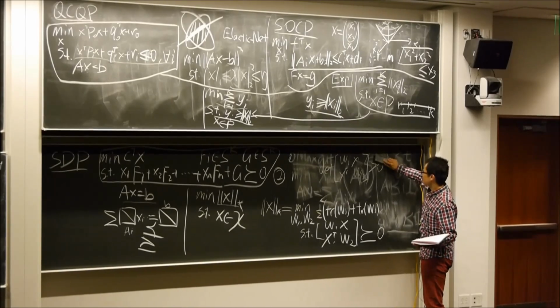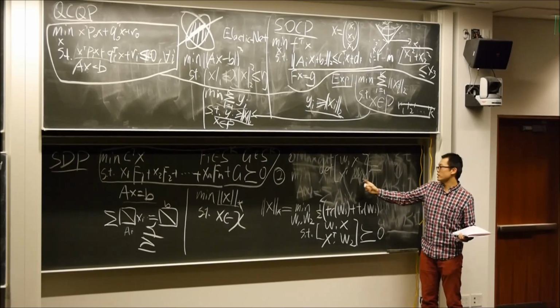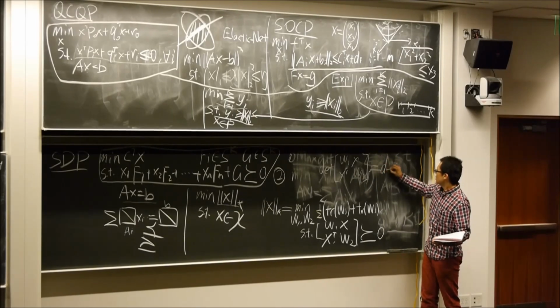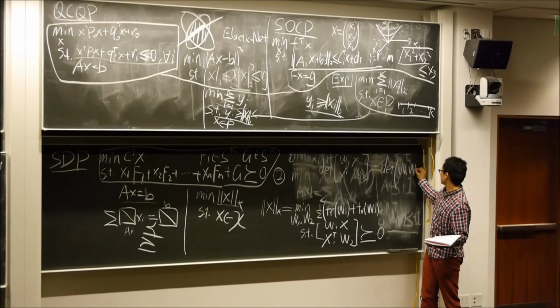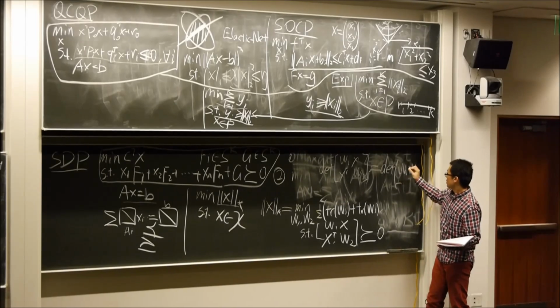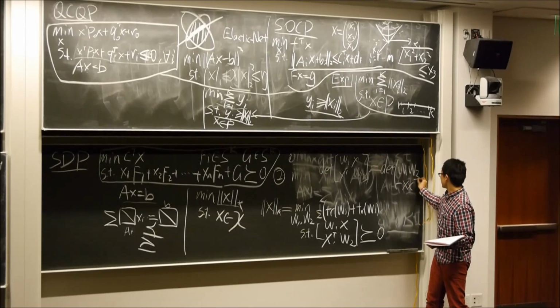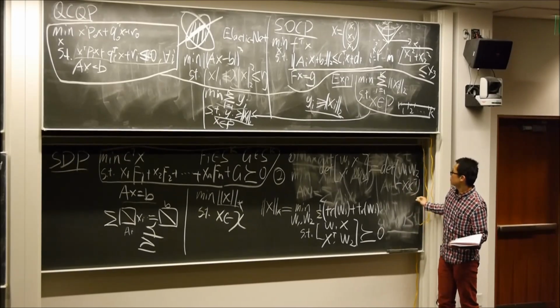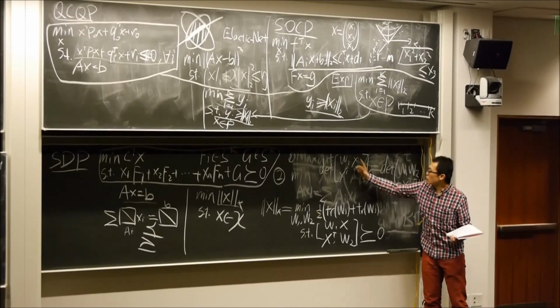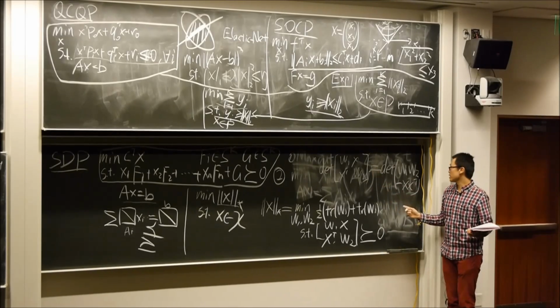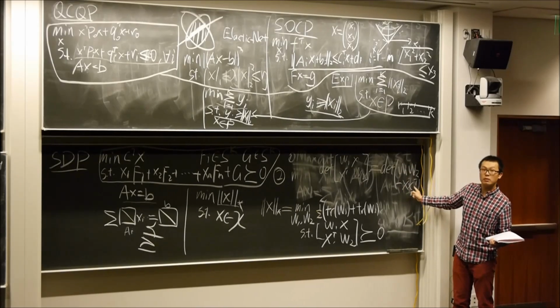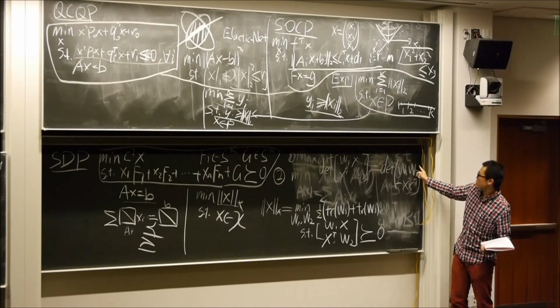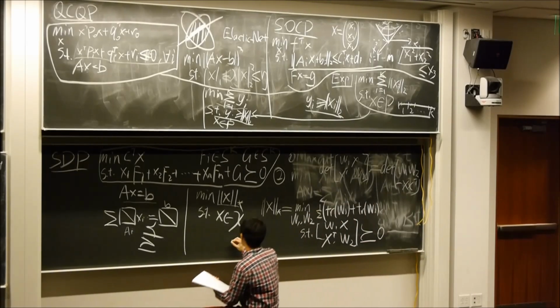And this determinant equals, just like when these are numbers, the determinant of W1 times the determinant of W2 minus X X transpose. So this thing being positive semi-definite is essentially the same as that thing being positive semi-definite. And this can be rewritten in this form.